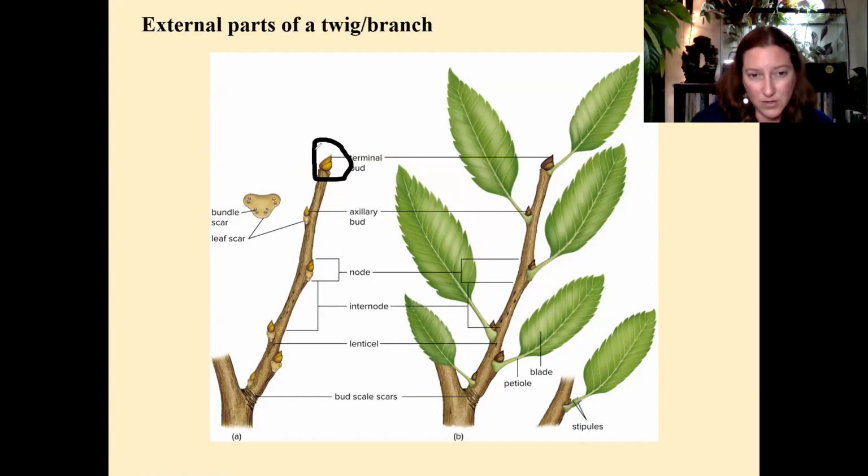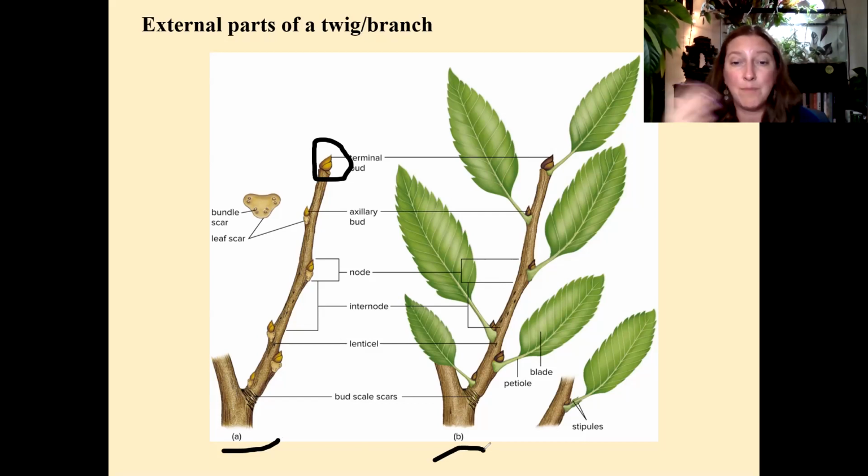That's where the apical meristem is going to be. This one in A is the same thing as shown in B, except A is what it would look like in the winter when the leaves fall off, and B looks like how it looks now, in the spring and summer where there are leaves on it.